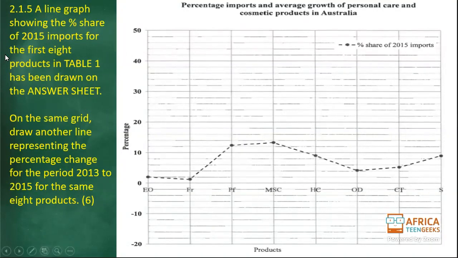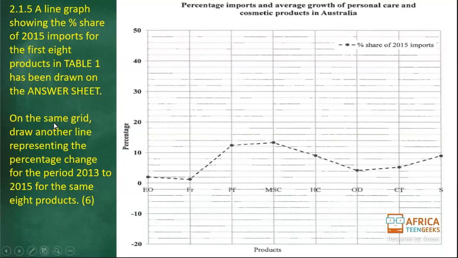This graph here is a line graph showing the percentage share of 2015 imports for the first 8 products in table 1. This has been drawn on the answer sheet. So this graph is based on the table we're doing, right?